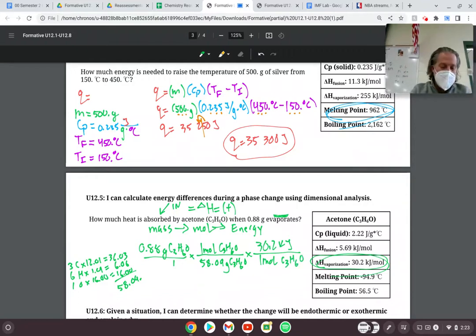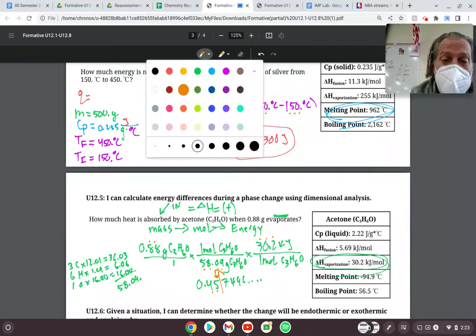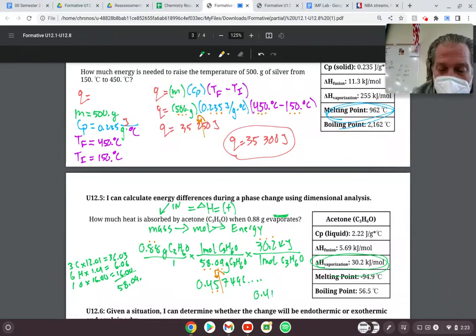Grab my calculator, 0.88 times 30.2 divided by 58.09, and I get something like 0.457496. This problem has 2 sig figs, 4 sig figs, 3 sig figs, so my final answer has to have 2 sig figs. That 7 will round that 5 up. So my final answer is going to be 0.46 kilojoules of energy.